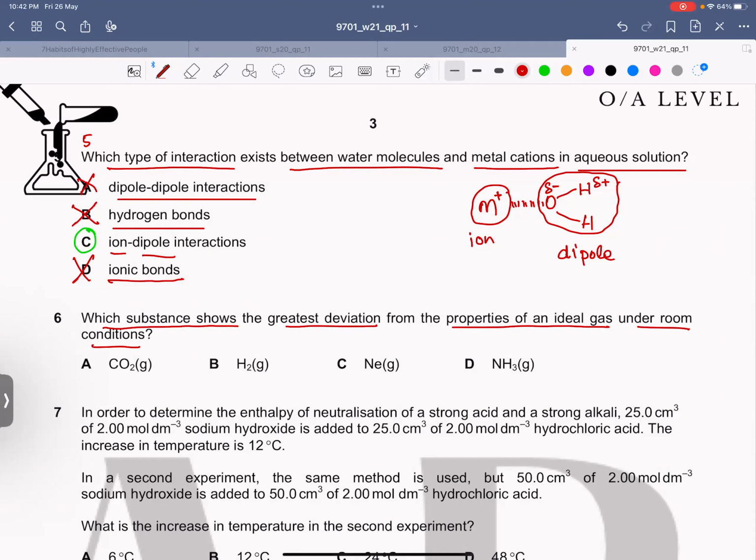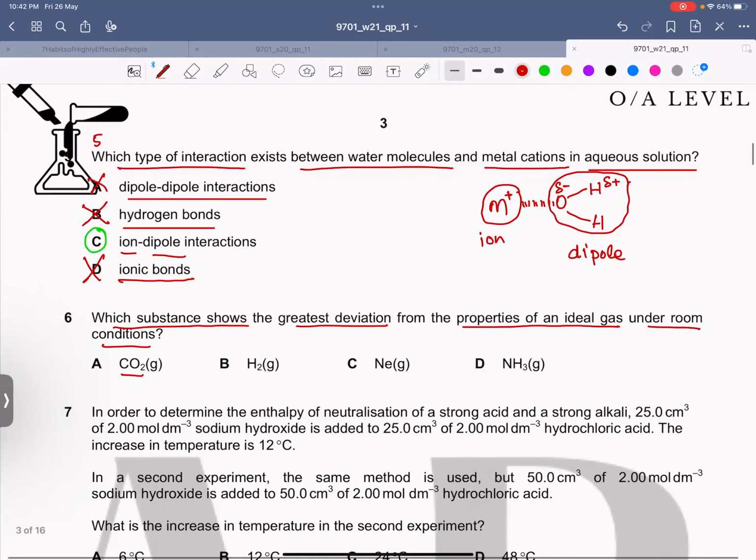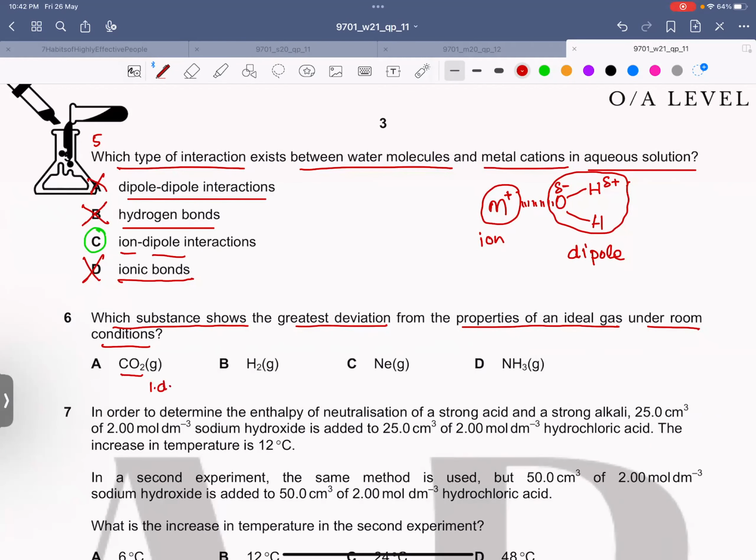In carbon dioxide, there is no permanent dipole, so there are only induced dipole, temporary dipole forces. In hydrogen, there are induced dipole, temporary dipole forces of attraction between the hydrogen molecules. In neon, again it is the same.